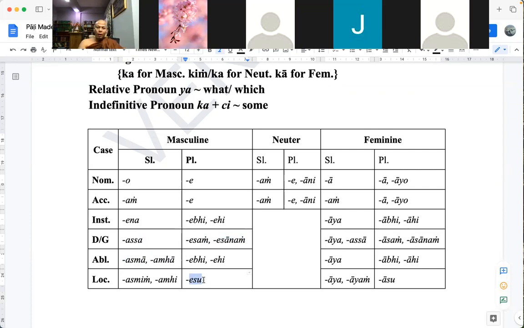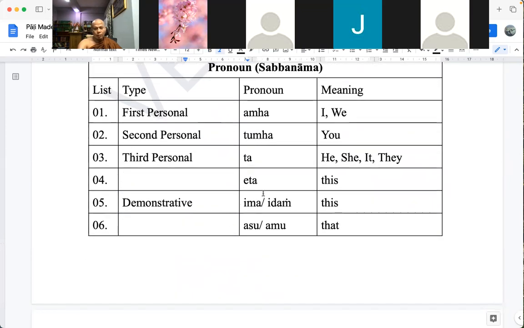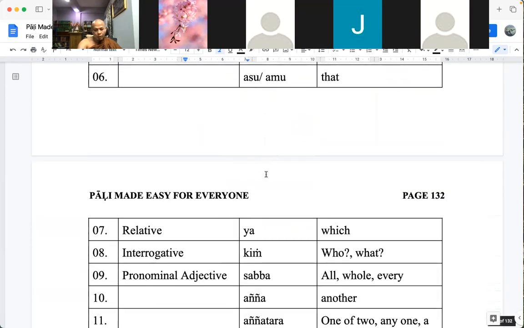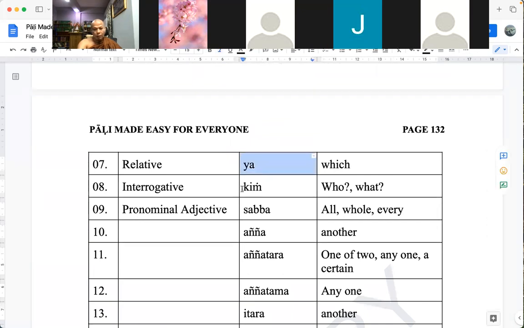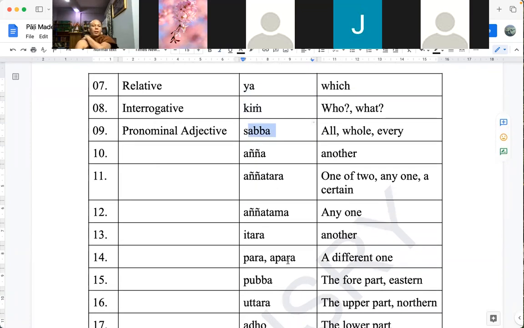Not only da, but eta, ka, and ya, and also saba, inya, tada, all of these pronominal adjectives are mostly the same as the da declension, with some special forms, mostly the same for common forms.